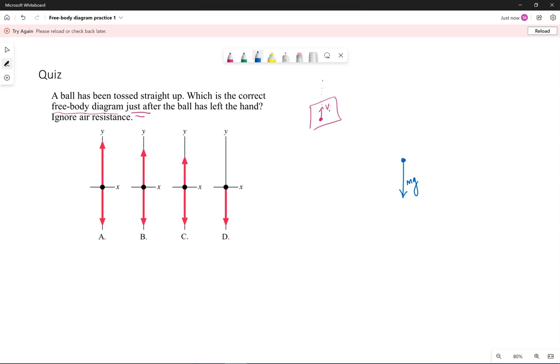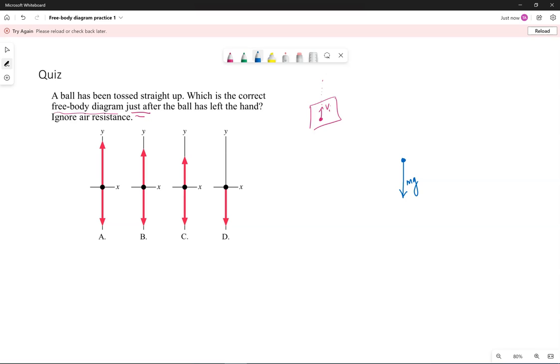Any other force would be due to contact. We're ignoring air resistance, so we do not need to add an arrow to represent that force. Now, of course, that arrow, well, it may not be of course to you. Air resistance, if we were to include it, would point downwards as well because it opposes the motion, so it's always opposite the velocity. That's just a side note.